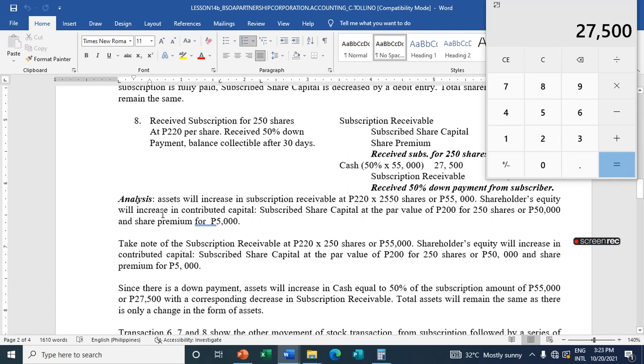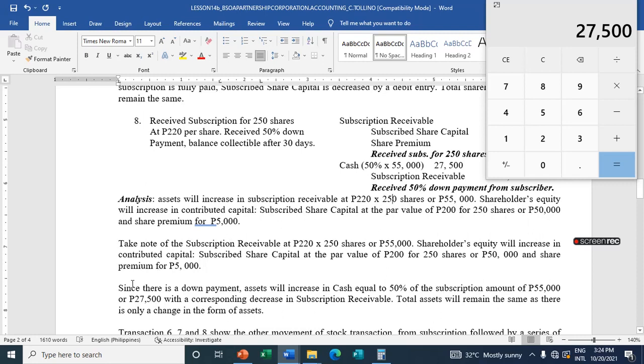So, assets will increase in subscription receivable at 220 times, multiply natin ng 250 shares. So, it should be 250 shares of 55,000. So, shareholders' equity will increase in contributed capital.